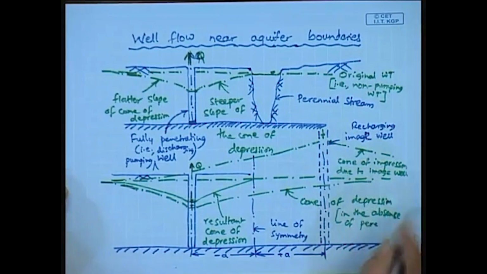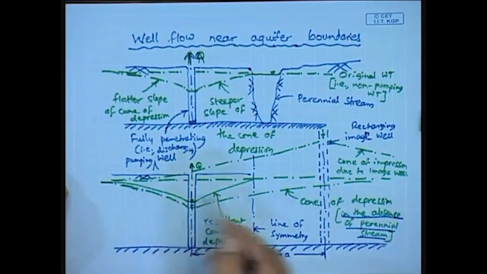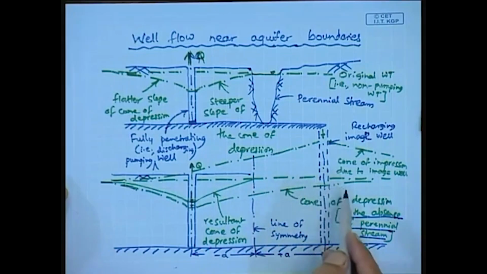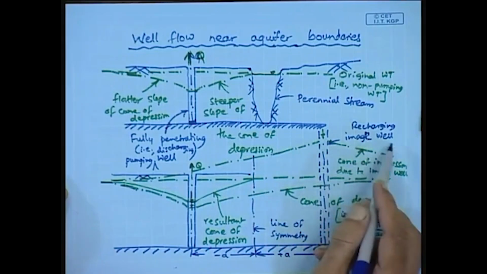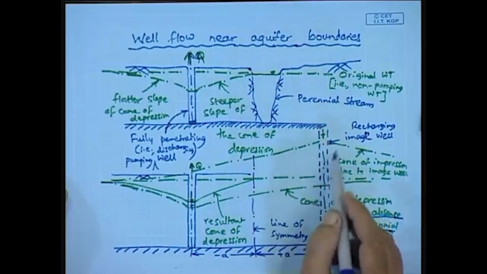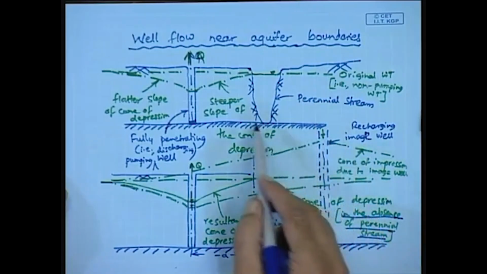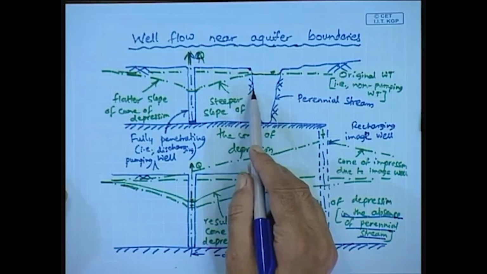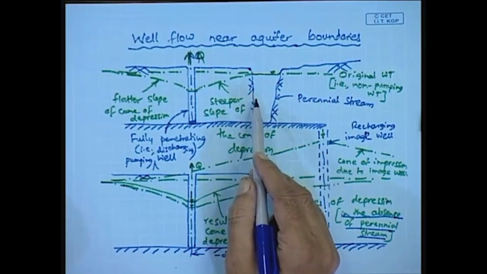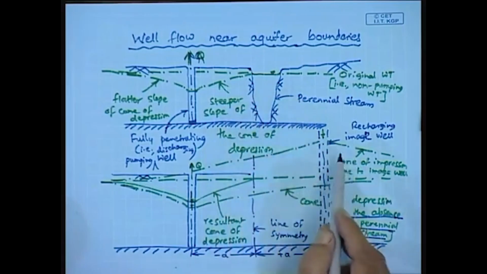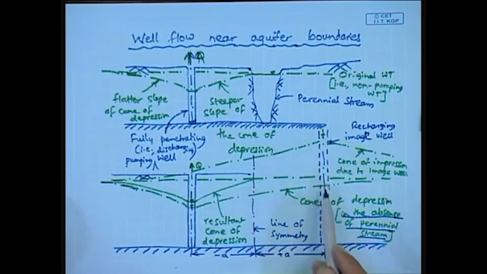I am sorry, this is a... so, therefore, this perennial stream can be replaced by a symmetrical image well which is recharging. So, therefore, the contribution of the perennial stream is replaced by a symmetrical recharging image well.